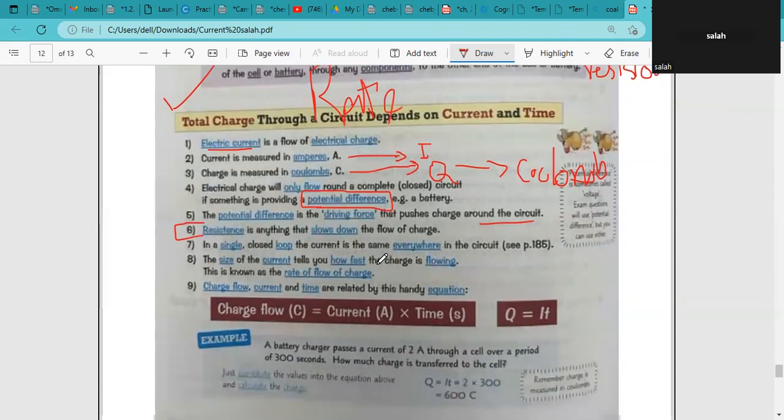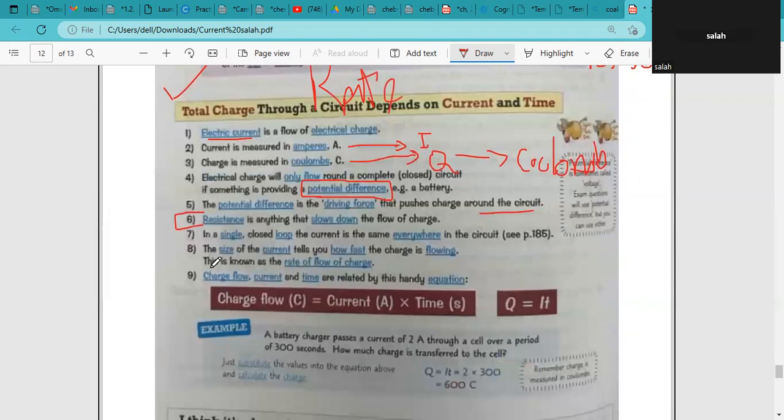Sorry. Okay. Are you hearing the call to the prayer? Pardon? The call to the prayer?